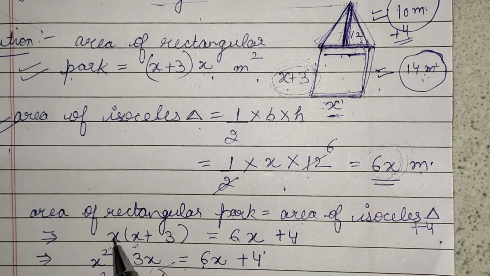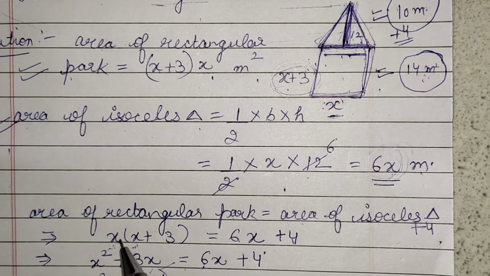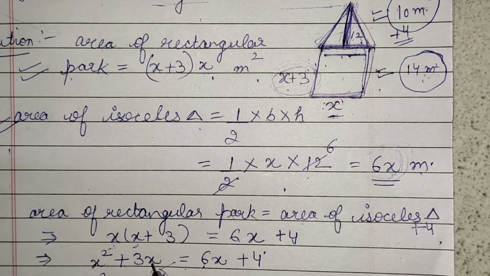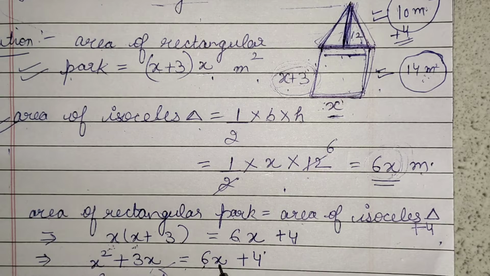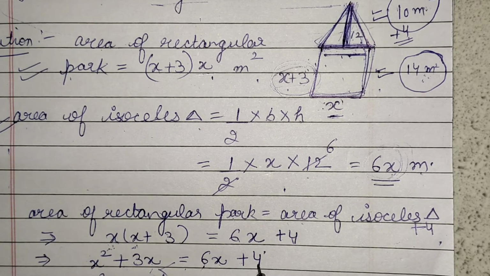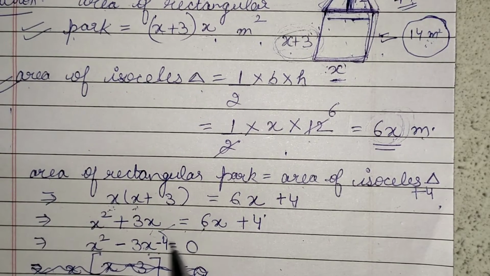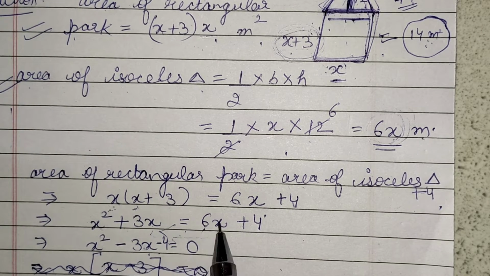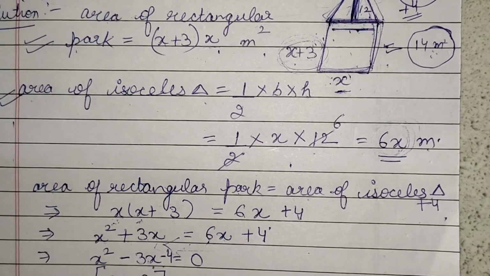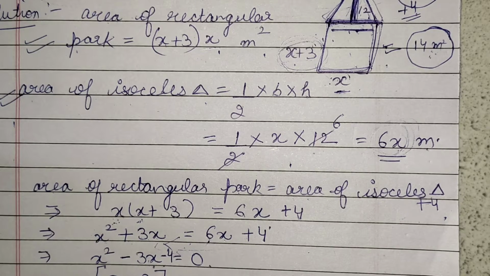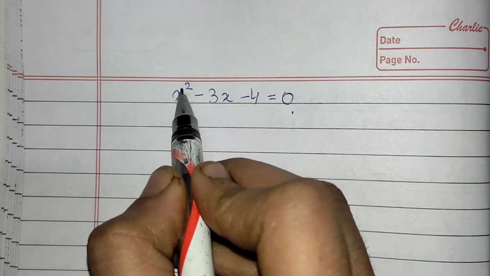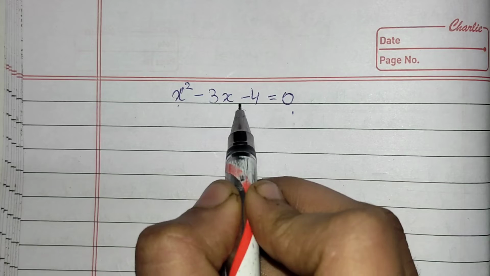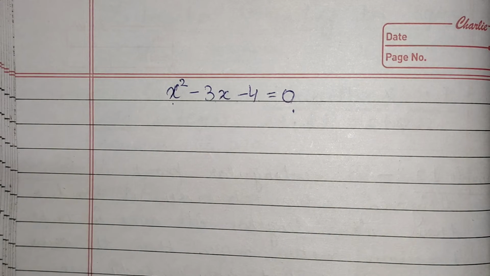If I solve this equation, x into x will become x square, x into 3 will become plus 3x, is equal to 6x plus 4. Fine. So take all these values to the left hand side. It will become x square, and this and this will get simplified and become minus 3x minus 4 is equal to 0. So now I have this quadratic equation, x square minus 3x minus 4 is equal to 0.